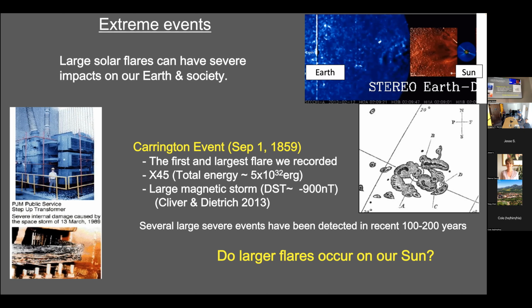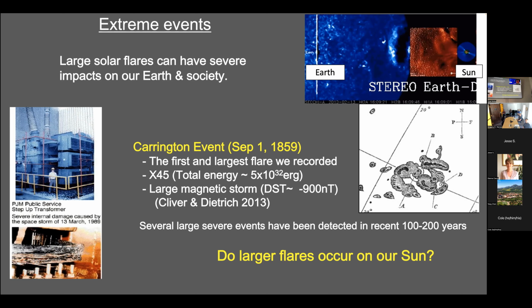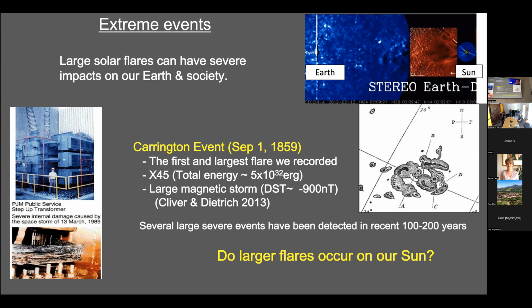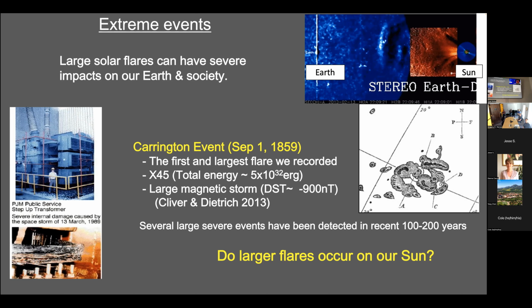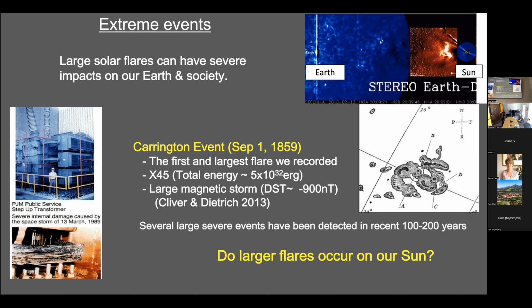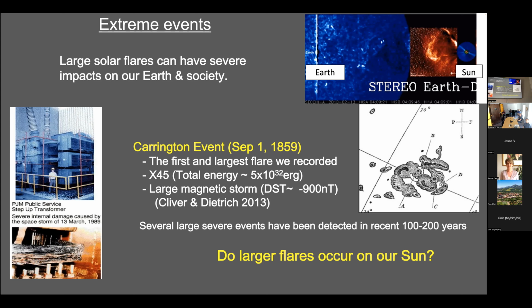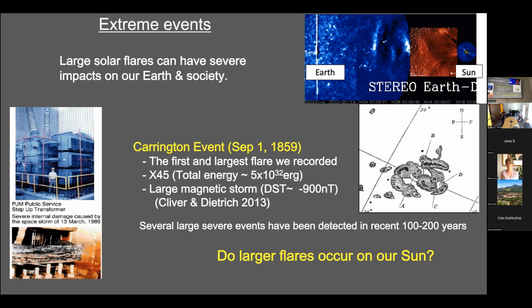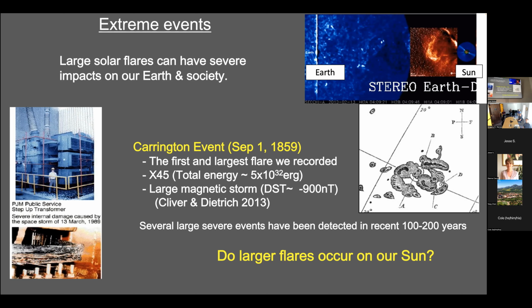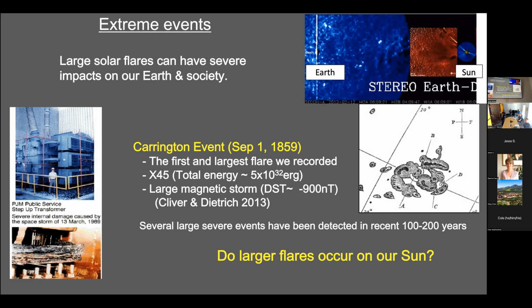One of the largest solar extreme events is the Carrington event, which occurred in 1859. This is actually the first solar flare we recorded in a modern way. It is also the largest flare we recorded, because there were a lot of magnetosphere observations already. This is one of the largest magnetic storms in our history.